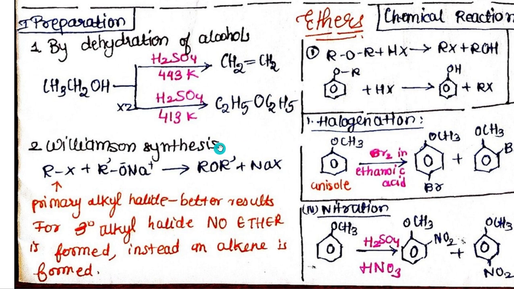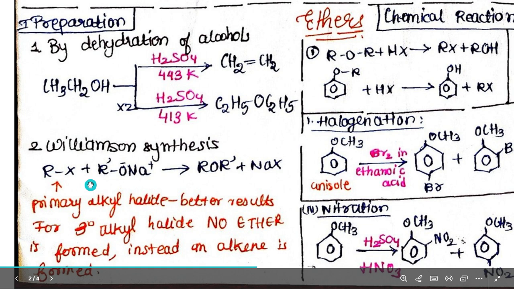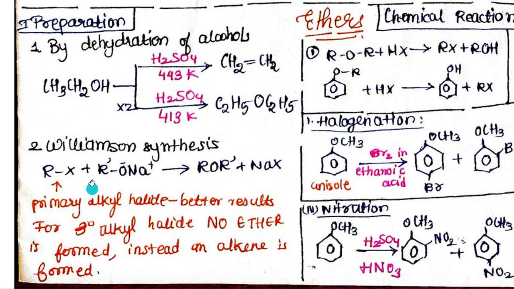Next, coming to Williamson's synthesis. Here RX, that is primary alkyl halide, reacts with R dash O minus Na plus, and it gives us ROR dash plus NaX.